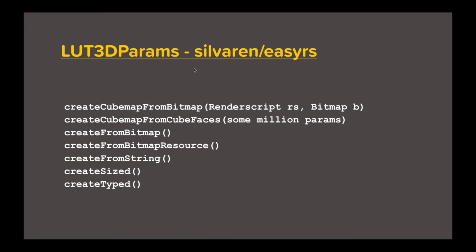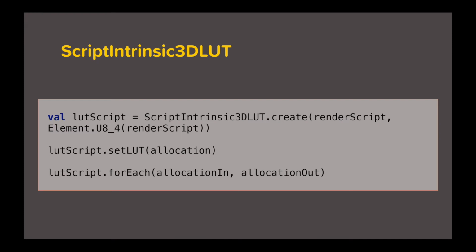But then I came across this helpful piece of code on GitHub, the easyLUT library, and from that I could figure out that I had to use this createTyped function and a bunch of hidden trials later, and figuring out that we couldn't even use the square LUT, and all those hurdles were still there, I figured out a way to convert the LUT into an allocation, and then it was just a matter of these few lines.